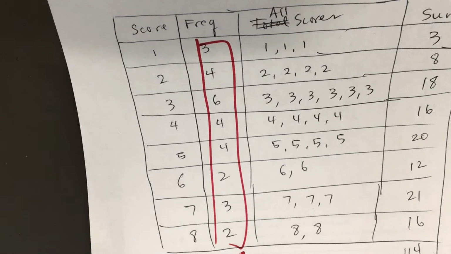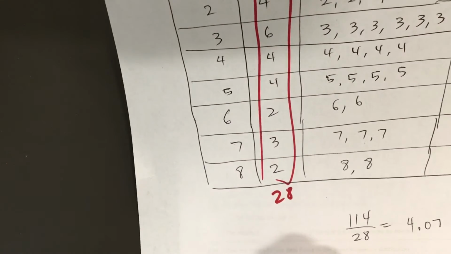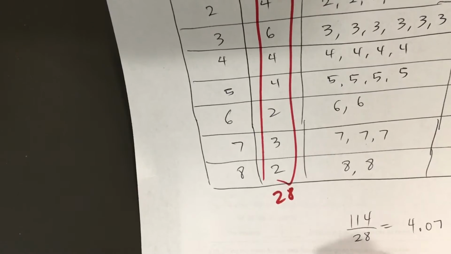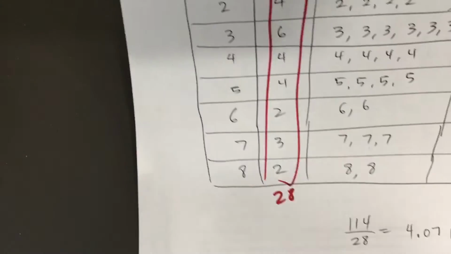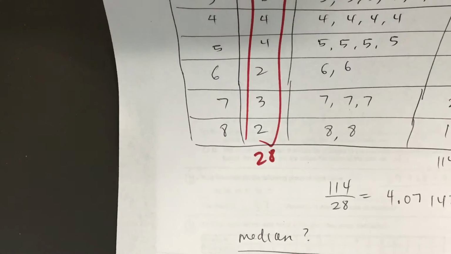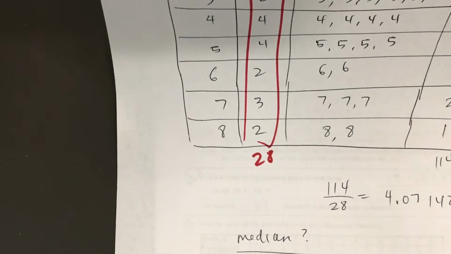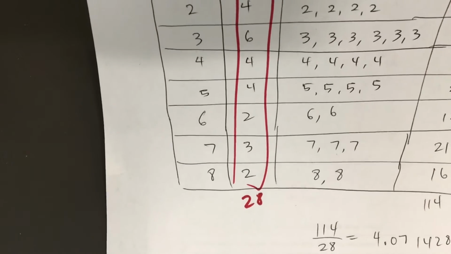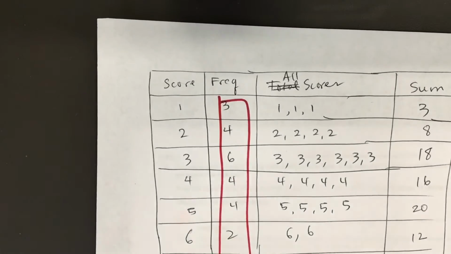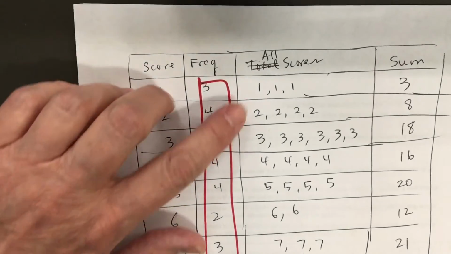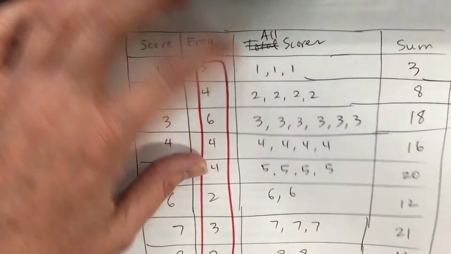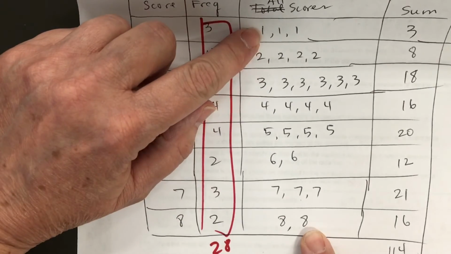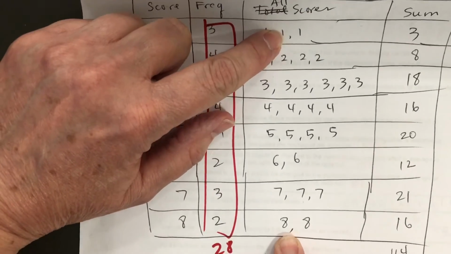There are some problems that ask for the median. I'm going to work it from this problem. I'm going to write median, put a question mark. The problem that asks for the median, and they've given you the frequency distribution, we're looking for the score in the middle. If I have them listed out, I could just work from each end. 1 with 8, 1 with 8.